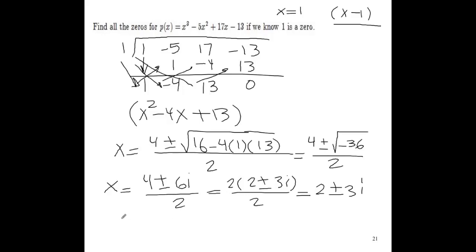So all the zeros that we have here would be 2 minus 3i, 2 plus 3i, and we knew that one of the factors was x minus 1, so the other zero would be 1. So these are all the zeros of this polynomial.